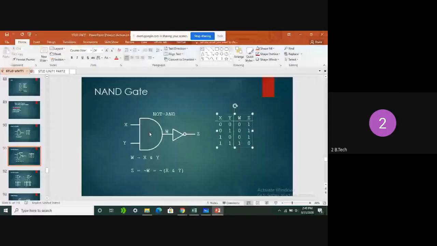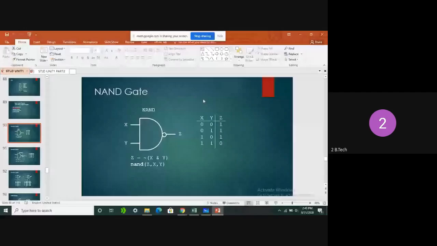So if it is a NAND gate, finally we should learn this combination only. See here, if both are zeros, what is the output? One. If either is zero, what is the output? One.